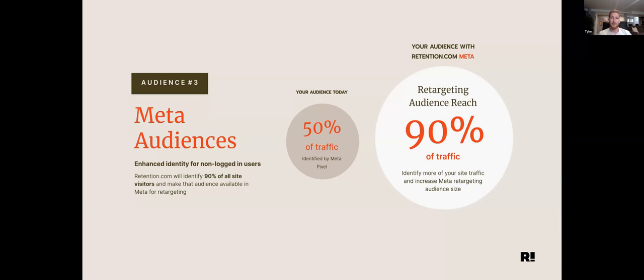And then in working with our CS, we'll set up campaigns targeting just this incremental audience. So you can really see what is the lift in the incremental revenue that we're getting from the 30 to 40% of site visitors that Retention identified that Meta was unable to.